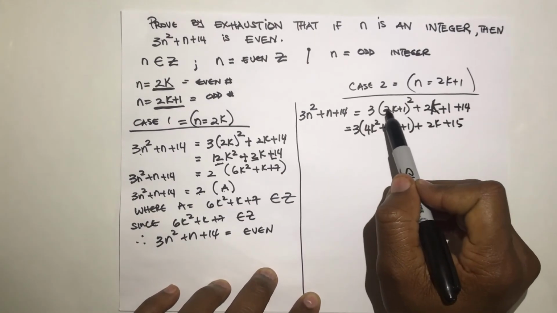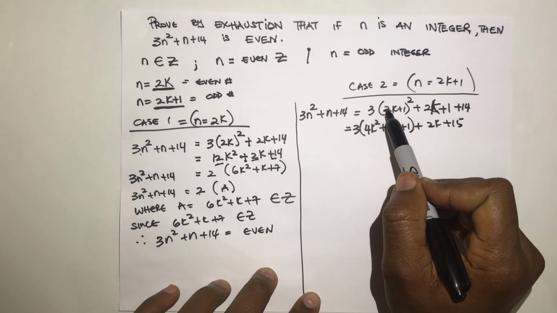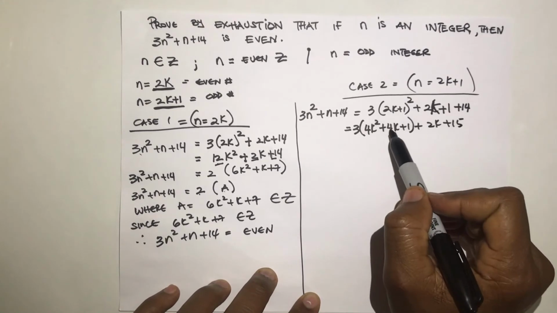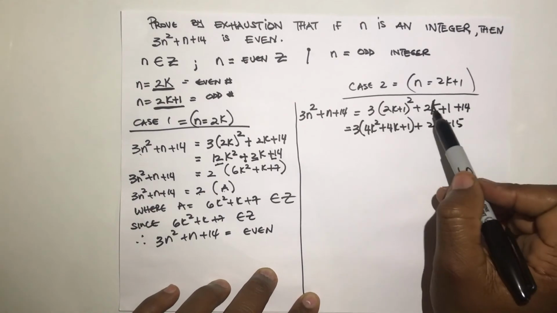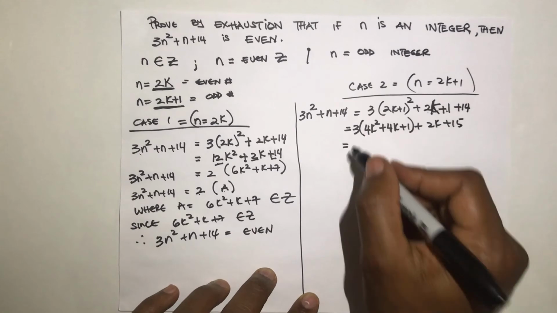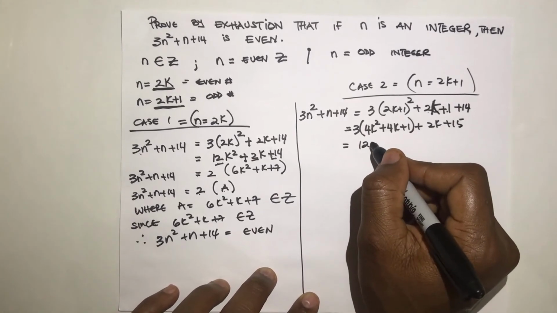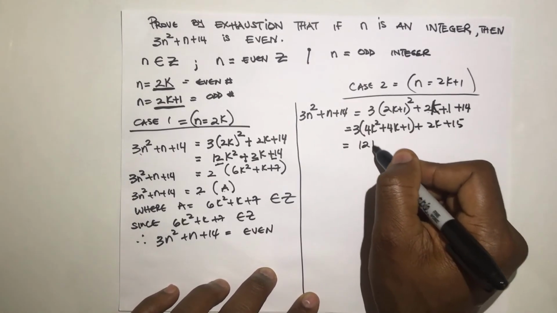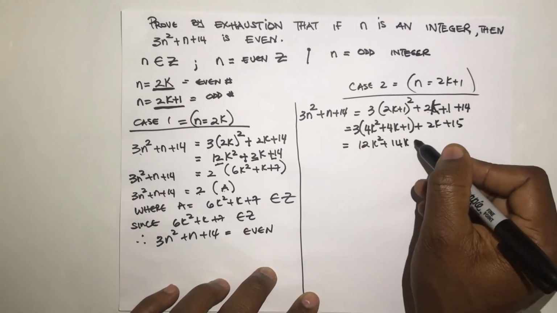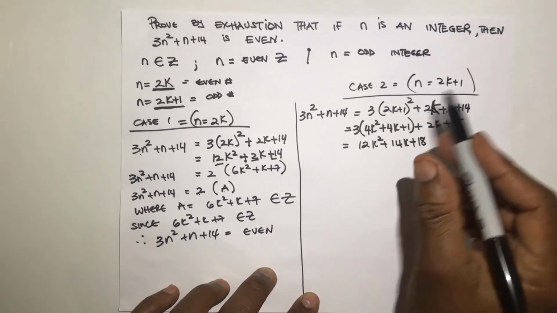So expanding this, 2 times 2 is 4k, plus 1 squared, plus 2k plus 15, and this will simplify to 12k squared plus 14k plus 18.